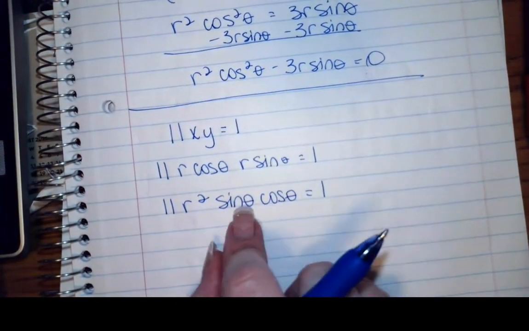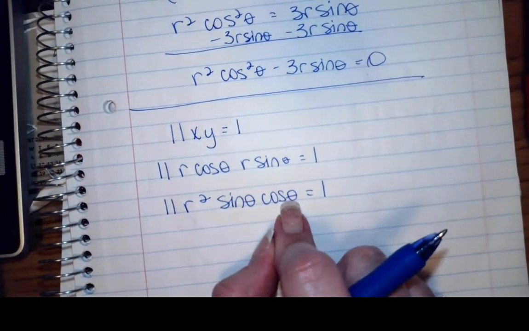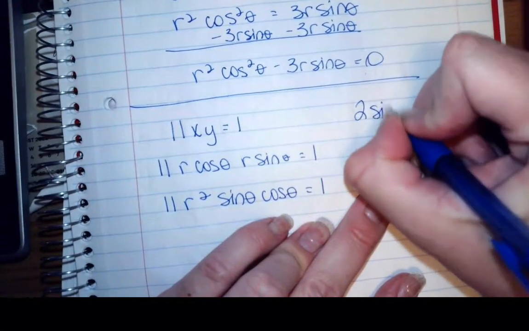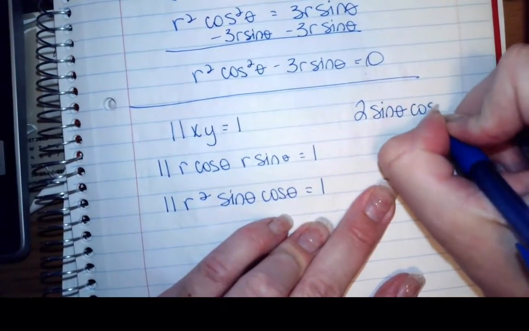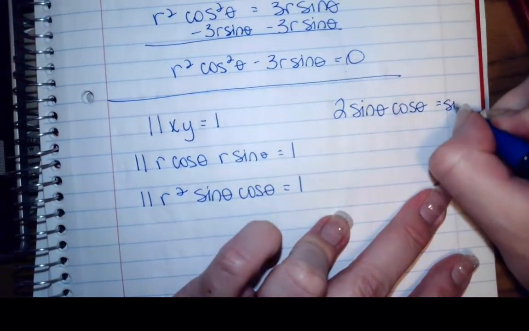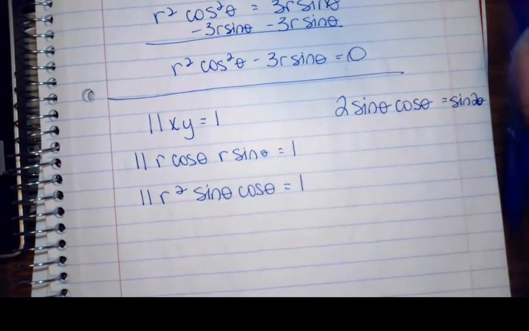And then I notice I can actually use an identity here. So if I use my Pythagorean identities for a double angle theorem, then I will realize that 2 sine theta cosine theta equals the sine of 2 theta. So we might as well kind of throw that in there. But here's the issue.